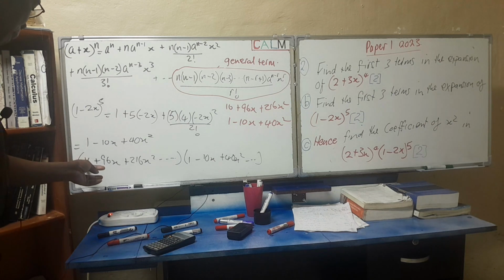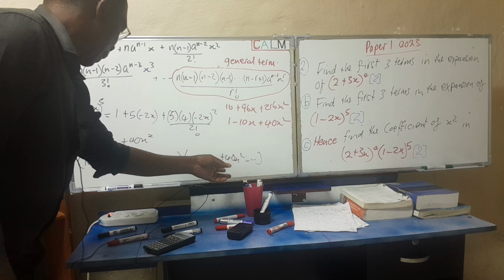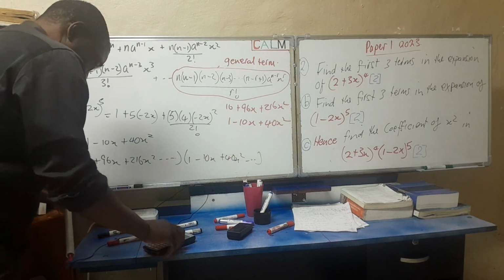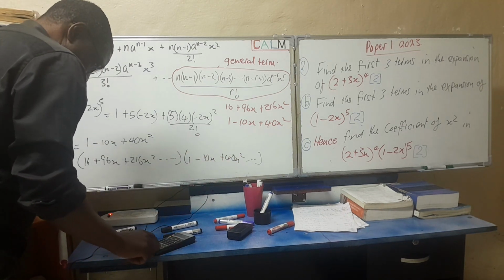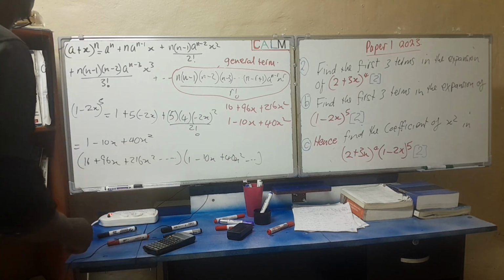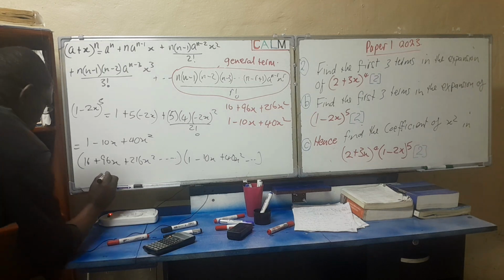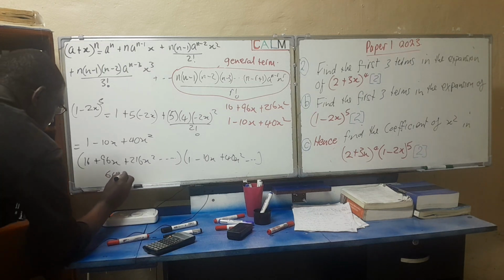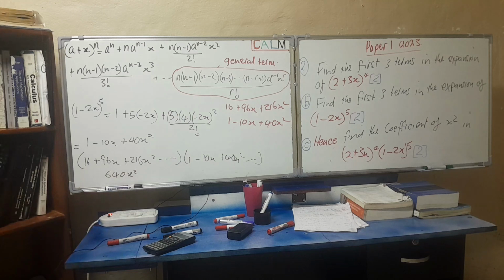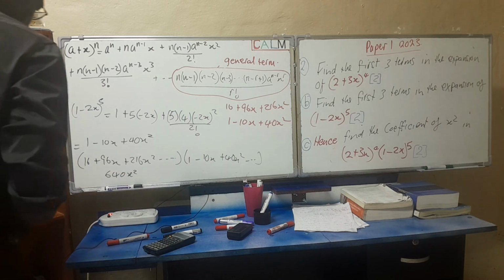If I multiply a 16 by a 40x squared, I get something. Let me see. What is 40 times 16? Okay, so this one gives me a 640x squared. I'm interested in that. Okay, so I'm done with the 16.